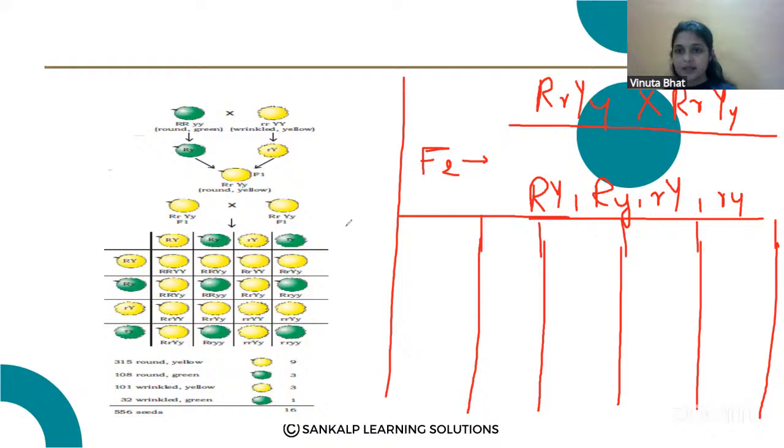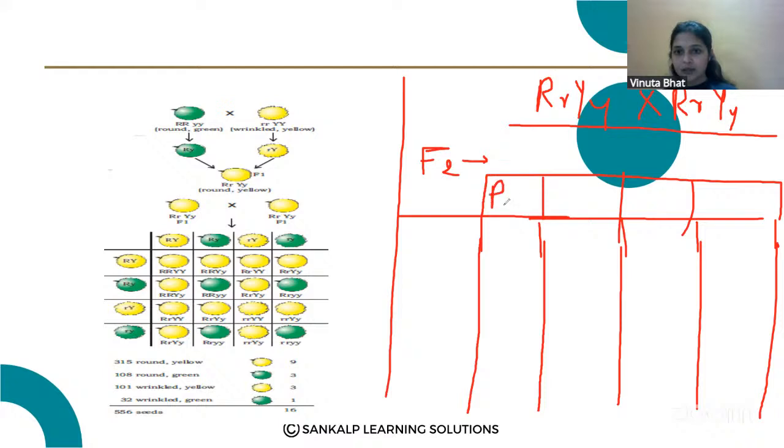These gametes I will write here: capital R capital Y, capital R small y, small r capital Y, small r small y.